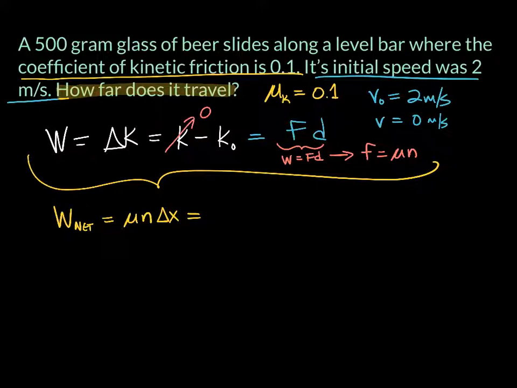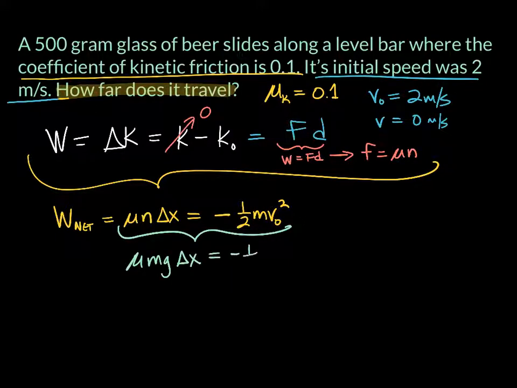So we have a negative, and putting everything in here, we have a minus 1/2 m v naught squared. Now, this is what we start working with. So I have mu m g delta x is going to be a negative 1/2 m v naught squared.